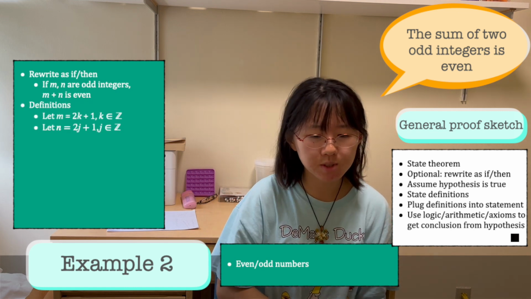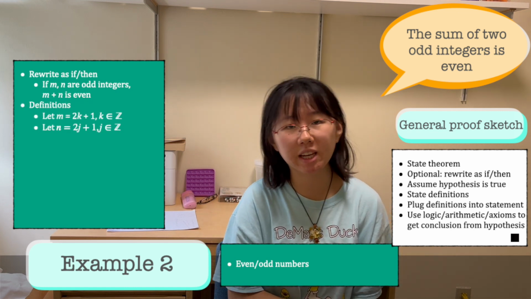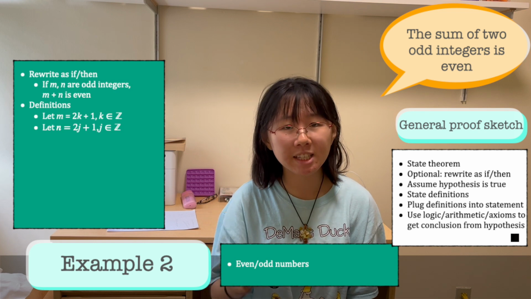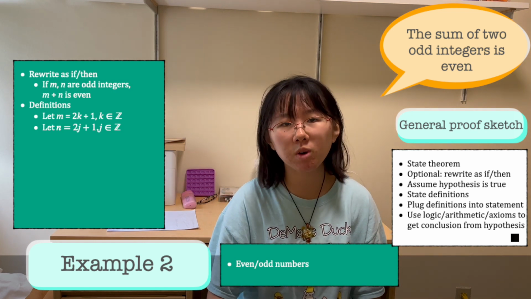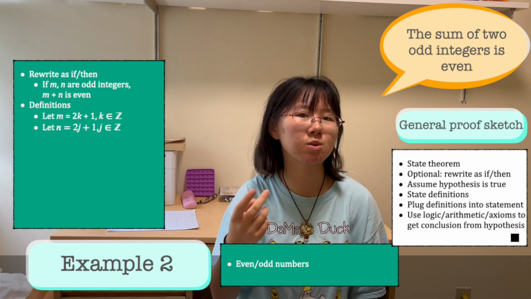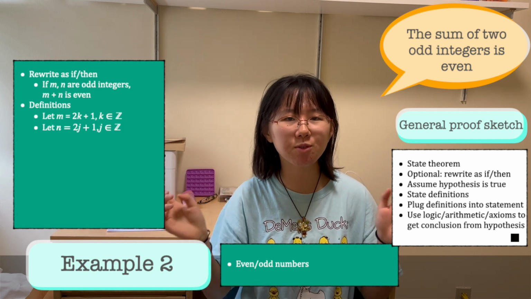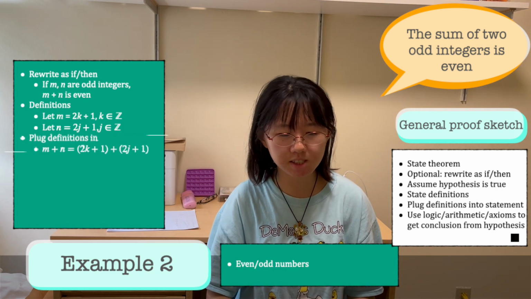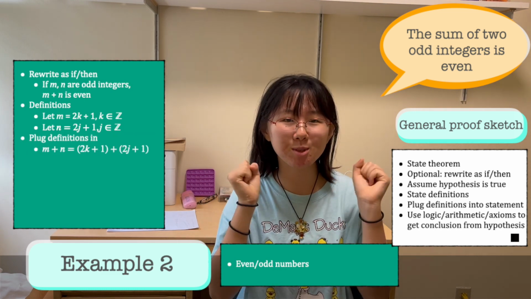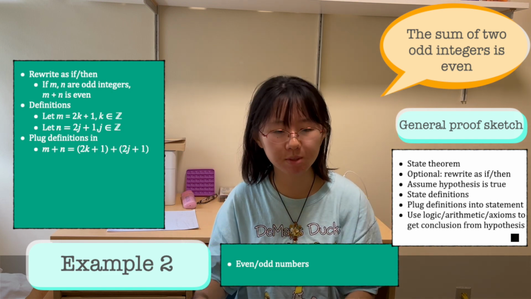Let m equal 2k plus 1 for k an integer, and let n equal 2j plus 1 for j also an integer. Remember, we don't want to use k in both definitions or j in both definitions because that's forcing them to be the same number. And then we plug our definitions into our statement. m plus n equals 2k plus 1 plus 2j plus 1.